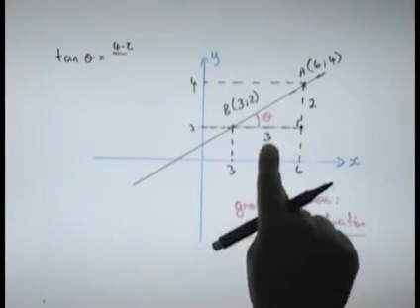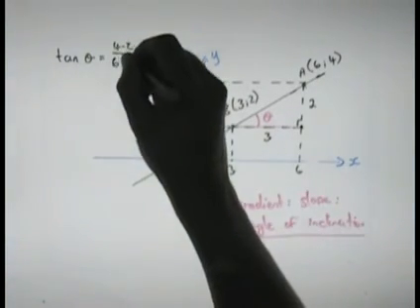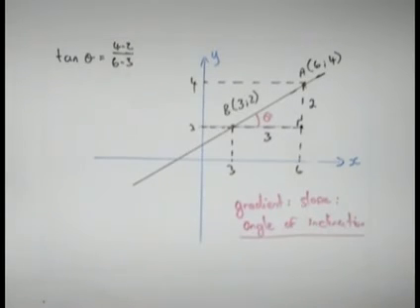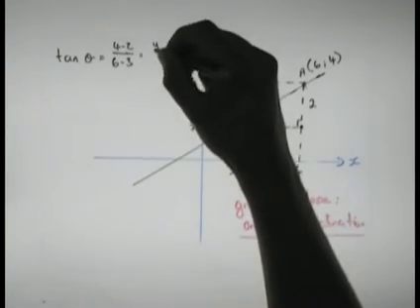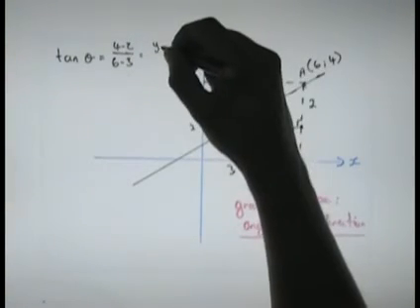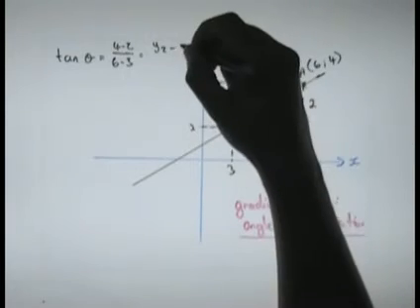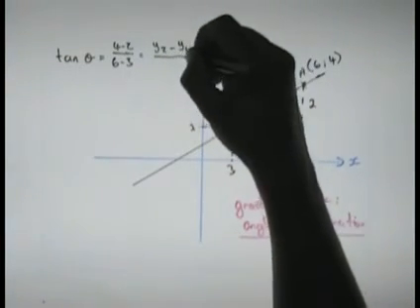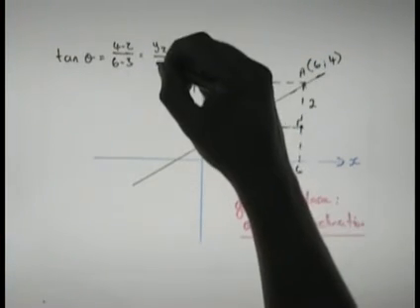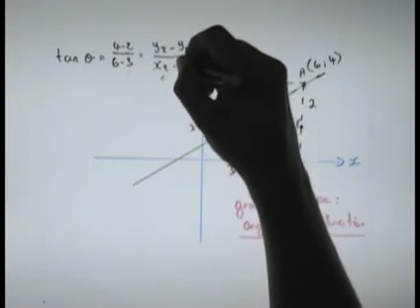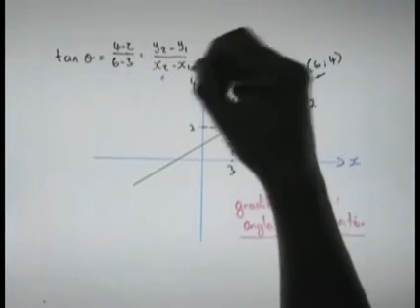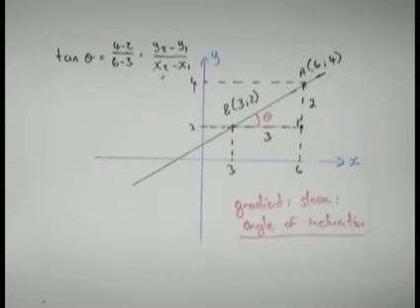And instead of saying 3, I'm going to say 6 minus 3. Okay, let's take that one step further. Instead of saying 4, isn't that my second y value? And isn't that 2 my first y value? Isn't the 6 my second x value? And my 3 my first x value?